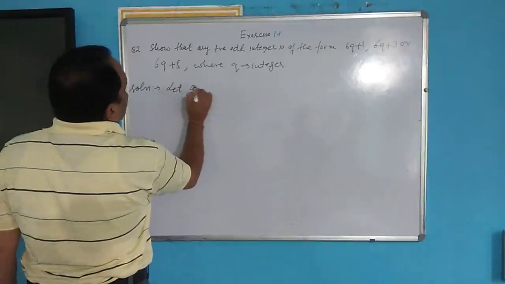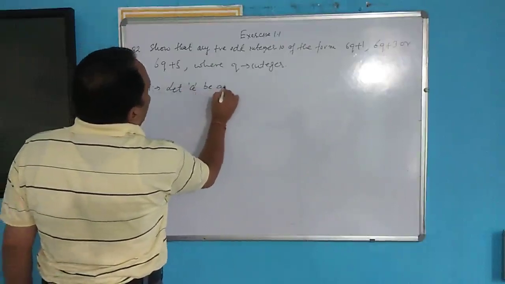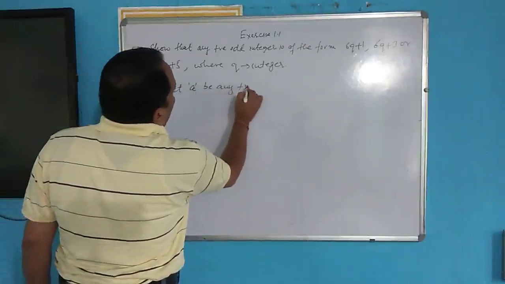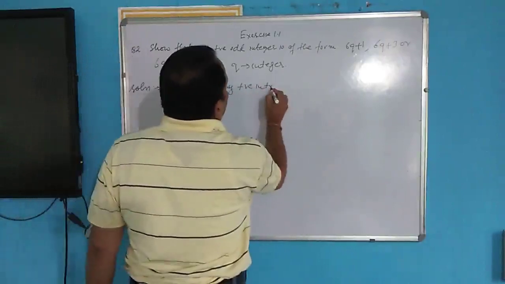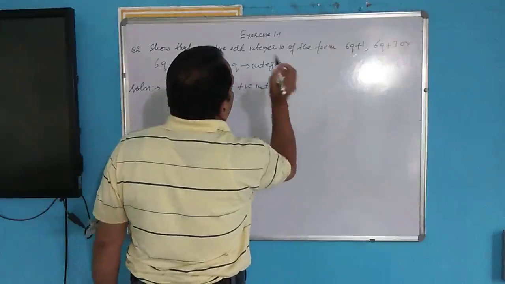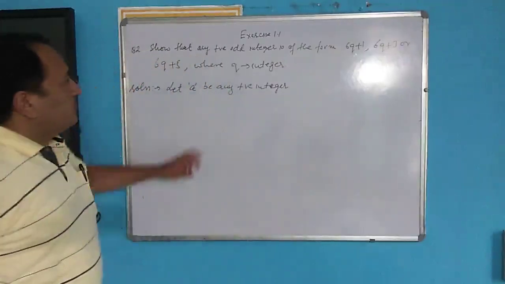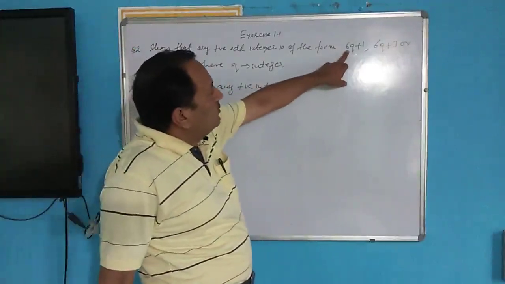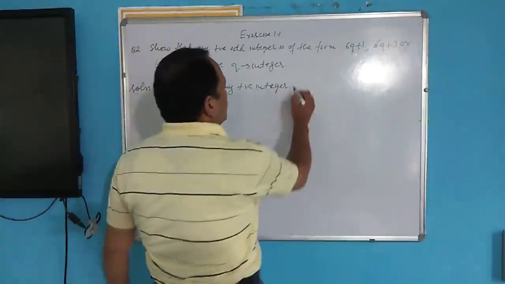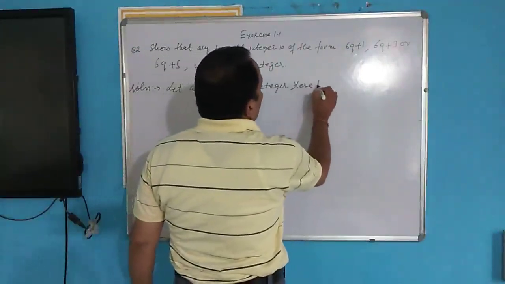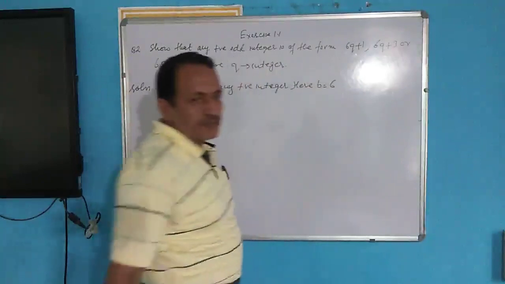Let a be any positive integer. If we compare this with the Euclid division form equation, then b comes out to be 6.